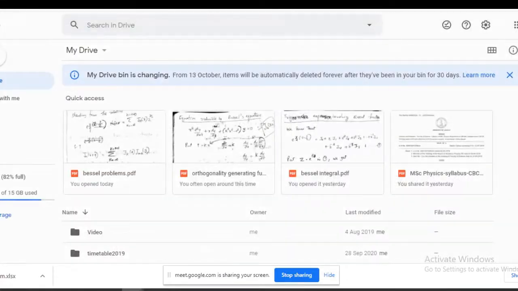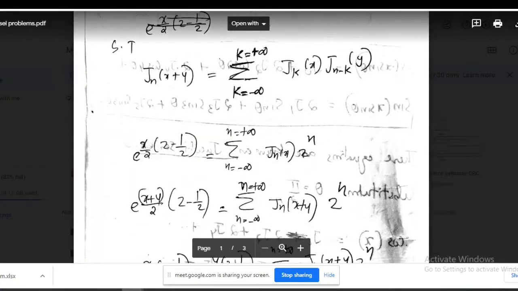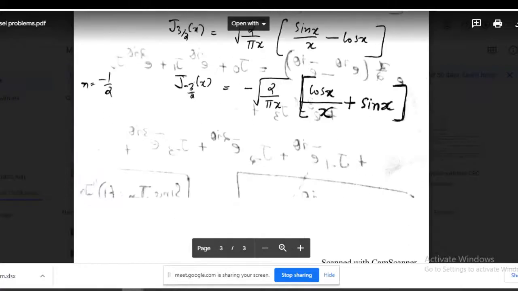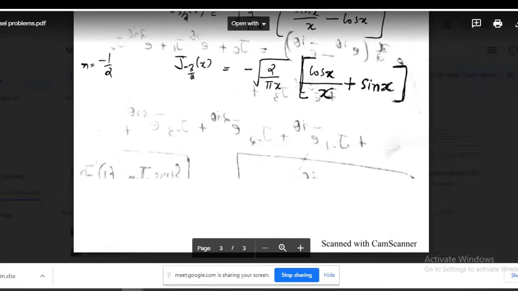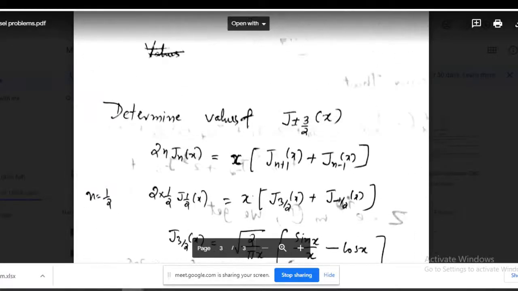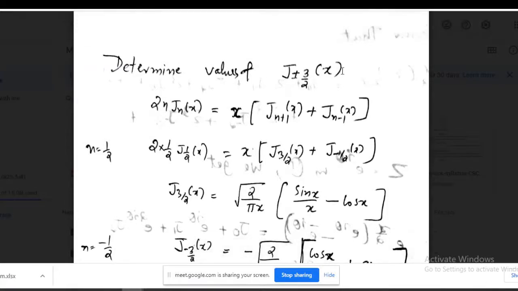Then we will see. So you may add this to the assignment. First one, determine the values of J plus or minus 3 by 2 of x.